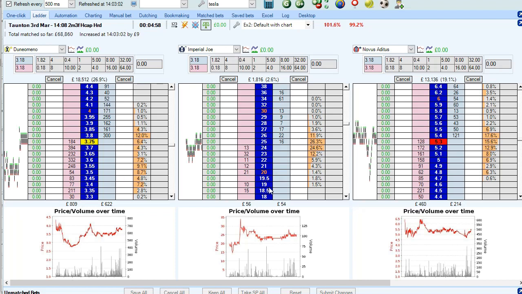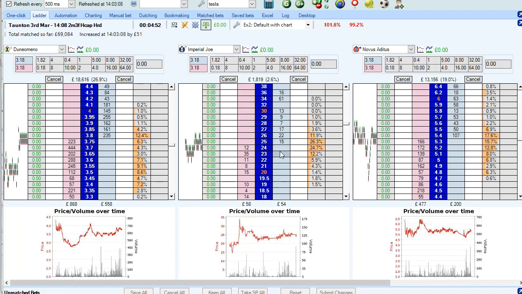So you need to go right before the off. But in the early stages, you can do these without too much hassle. But when you get to the stages where you've got more money, you're going to have to forget them because there's just not enough money on the markets unless you just feed it in.